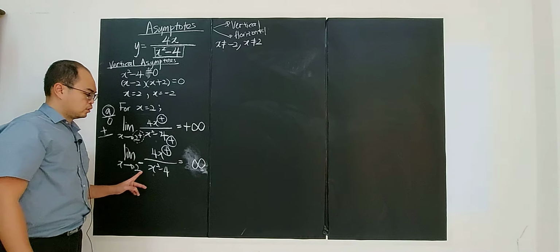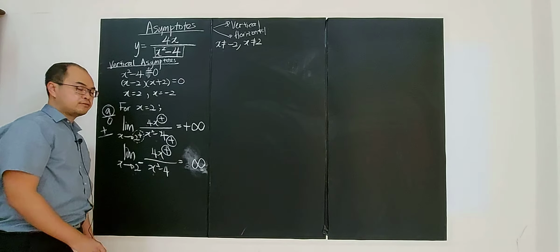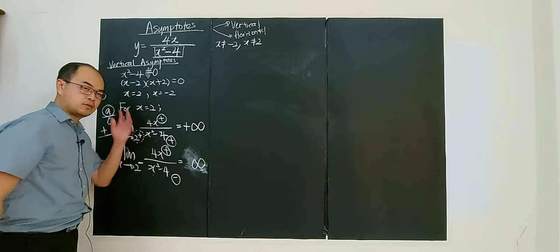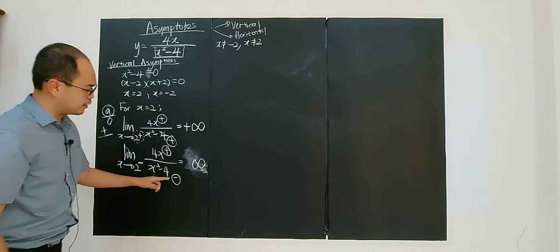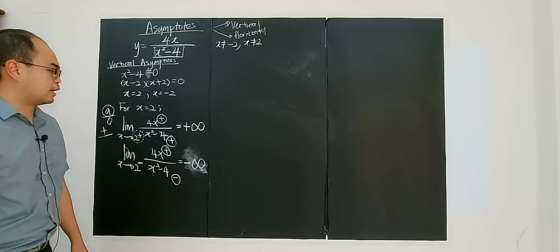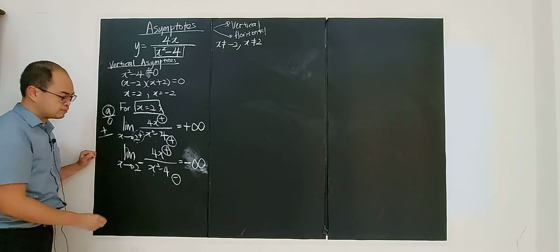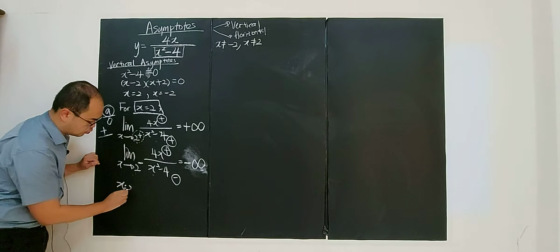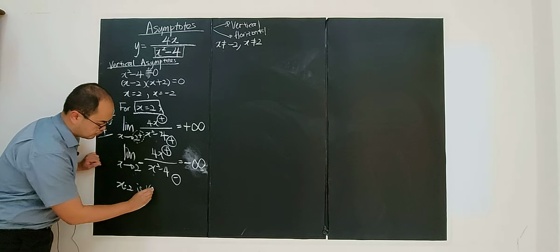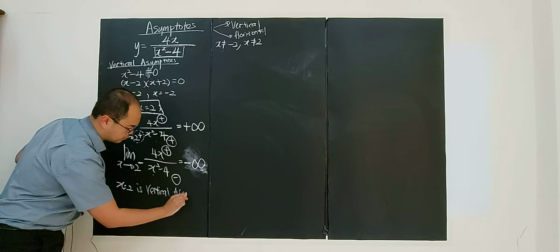Then 1 squared minus 4 gives negative 3, a negative number. So positive over negative gives negative infinity. This confirms that x equals 2 is a vertical asymptote.